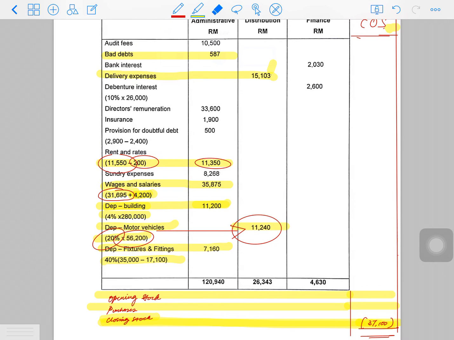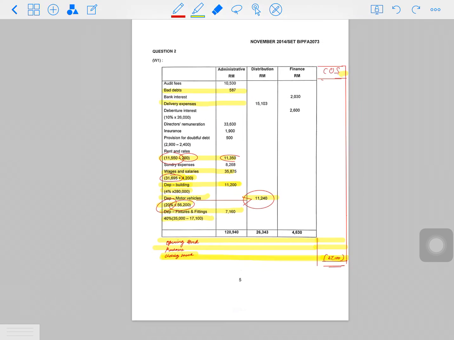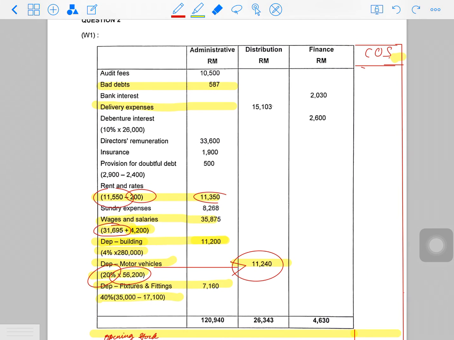Which is provision for doubtful debt 500. Oh, sorry, not 400, 500. We need to correct it to 500.